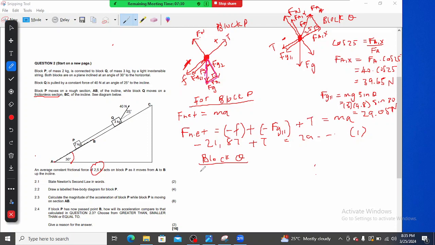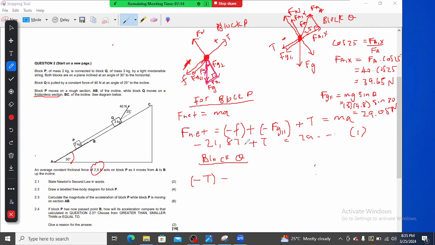So now we have that force, which is Fg parallel. So now we can actually compute the net force. We take this one as negative, so we have minus T, and minus FG parallel also because it's going down. That's why we take this one as minus.